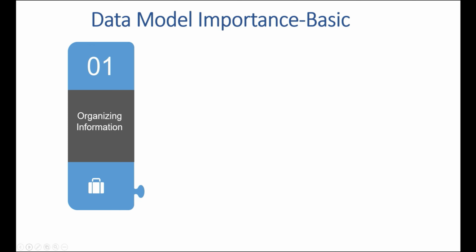Let's take an example. In a retail business, a data model defines entities such as customer, product, and order, along with their attributes and how they are connected with each other by defining the relationships. It structures the data in a way that allows efficient storage and retrieval, such as organizing customer information by name, address, and purchase history.